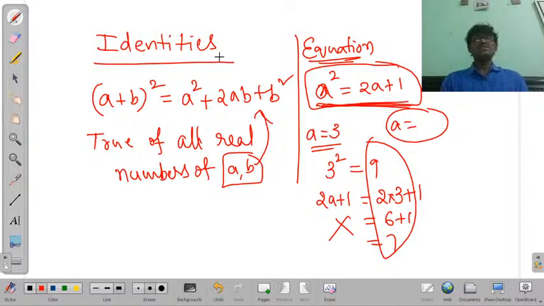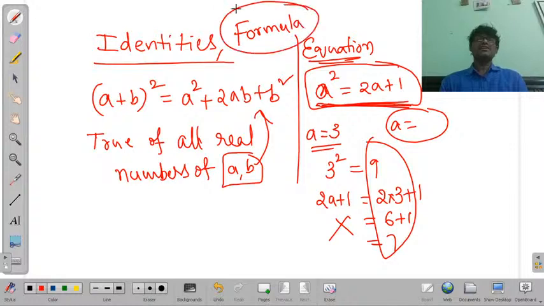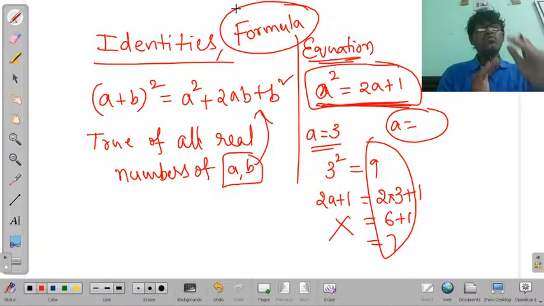Now, what is the difference between identity and a formula? Formula is an expression actually. Formula is an expression that is not an equation, right? Formula is an expression used to find a particular quantity.